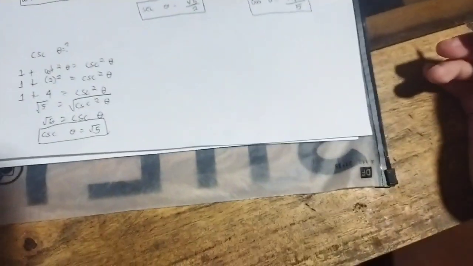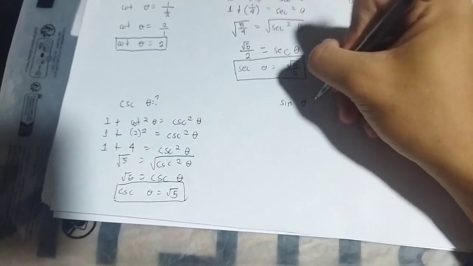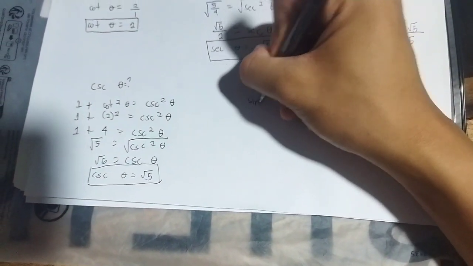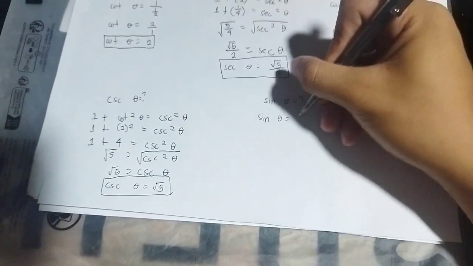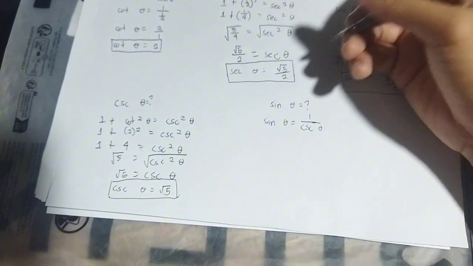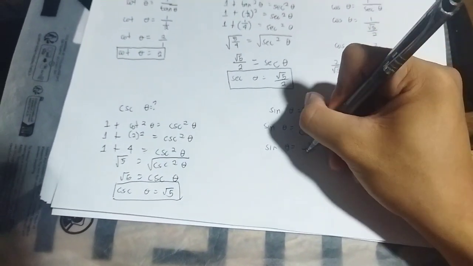Last is the sine. So in sine, we use reciprocal identities. So we have sine theta is equal to 1 over cosecant theta. Then copy. Then substitute. So we have 1 over square root of 5.